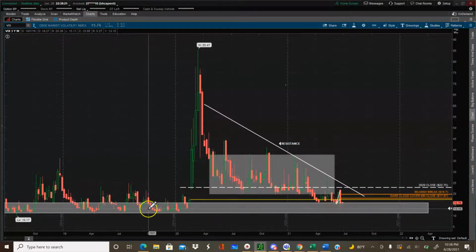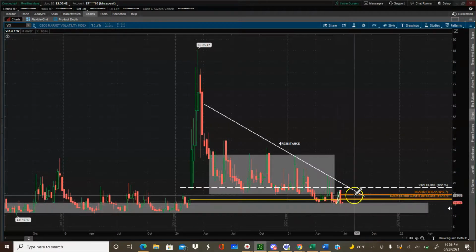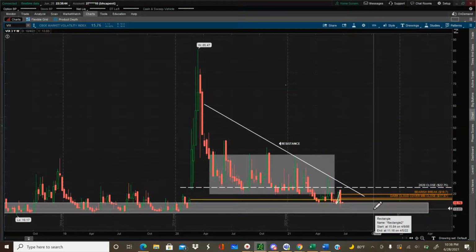What I mean by that is, here you see price got as low as $10, then generally got as low as maybe 12, and now we're up to that 16, $15 range. But time will tell.